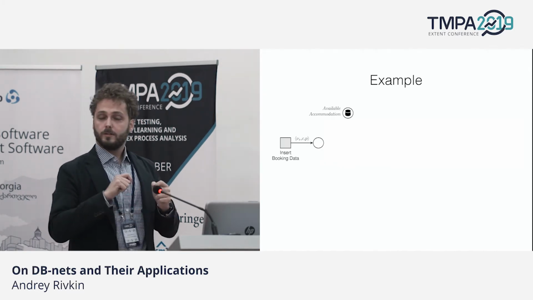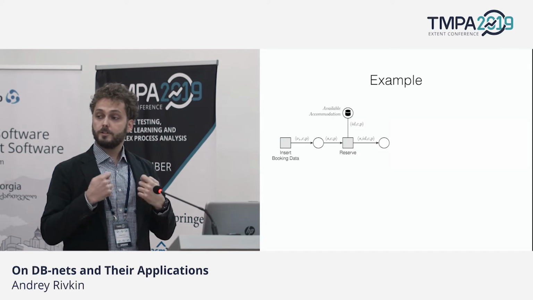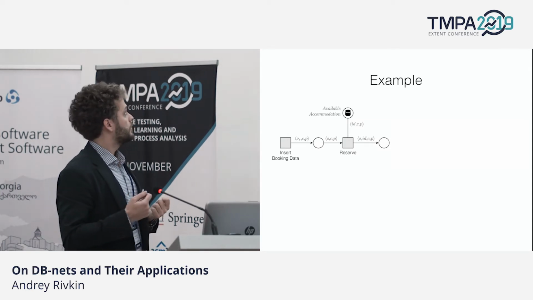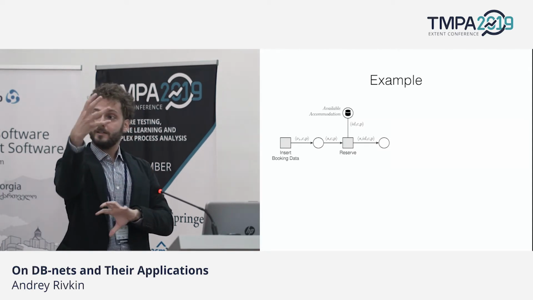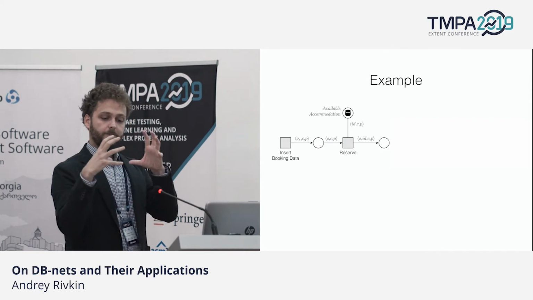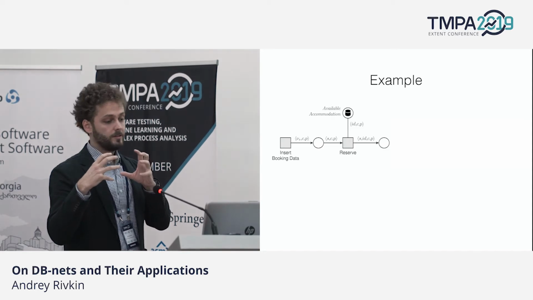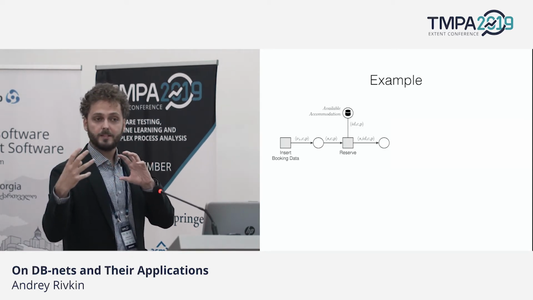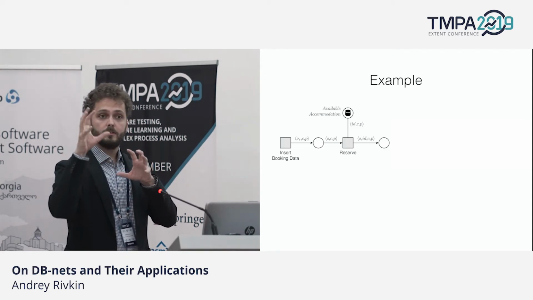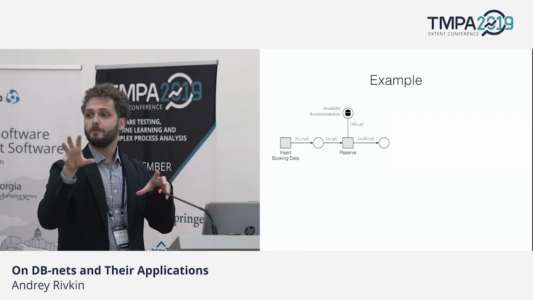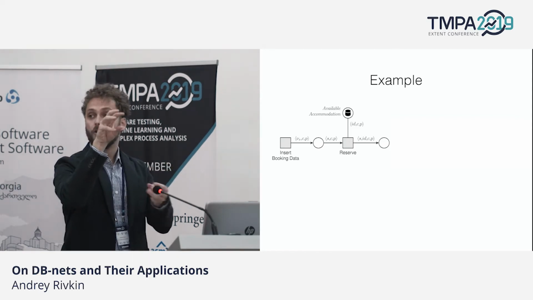Okay, so as soon as we have done that, we can actually reserve the accommodation. How do we reserve accommodation? Well, we basically talk to our database. So we now have in our token some data about desired place and period. We know that there is a list of available accommodation. What we basically need to do is some sort of join, right?